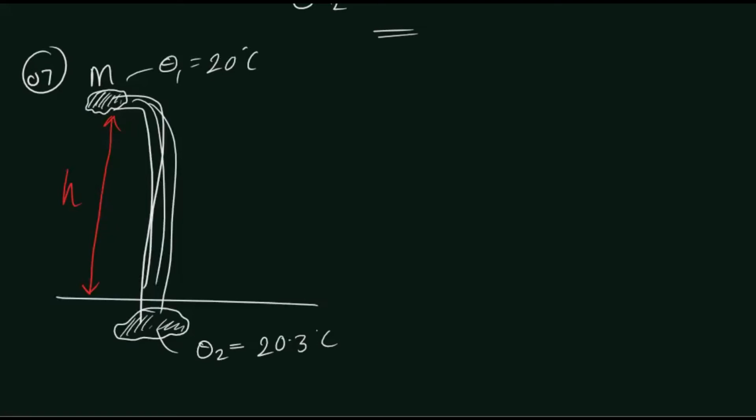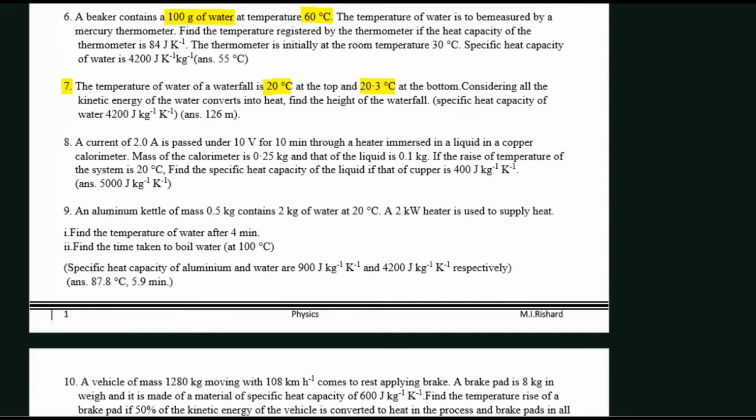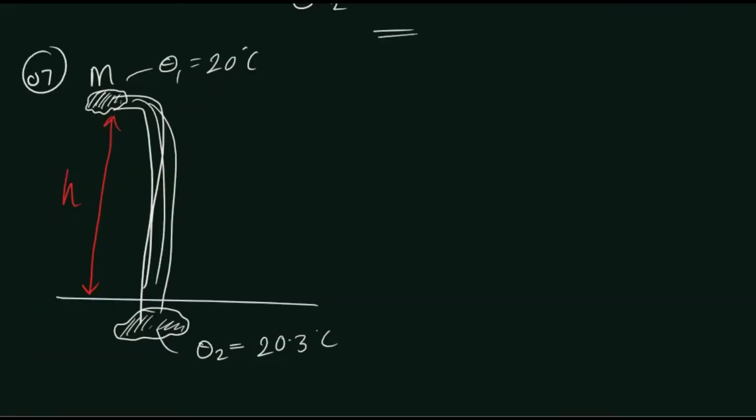They are also saying to consider all the kinetic energy of water converts into heat. So actually, how is the energy converted? If you consider this as the potential energy zero level, initially it has mgh, right? The potential energy converts to what? Kinetic energy.